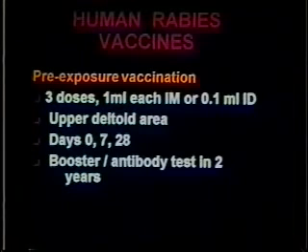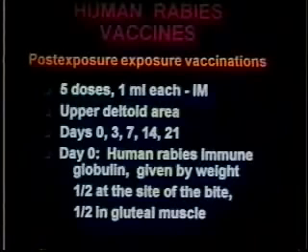Humans, there are excellent vaccines that are now available for humans, and for certain occupations, a prophylaxis in the form of a pre-exposure series using 3 doses of vaccine that may be administered intramuscularly or intradermally is used. And then a possible revaccination depending upon the titer that is examined some period of time after this. For post-exposure, it depends again on the vaccination status.